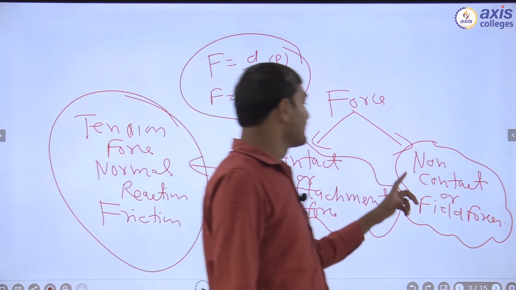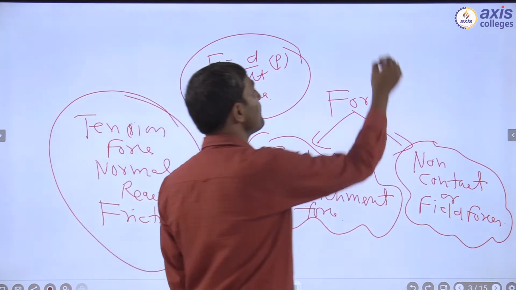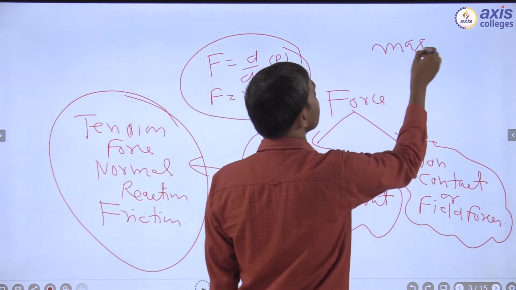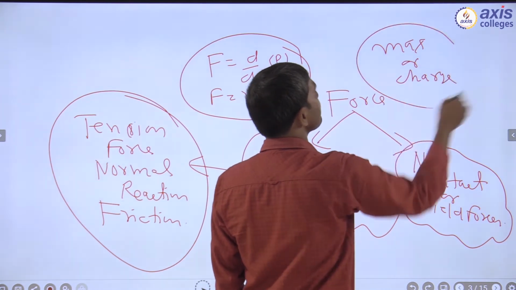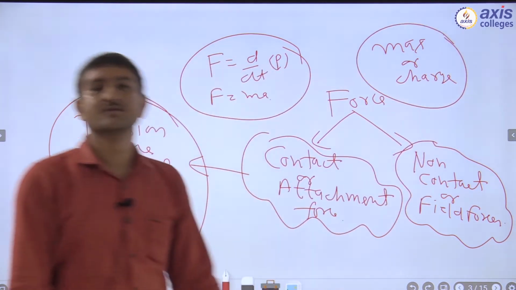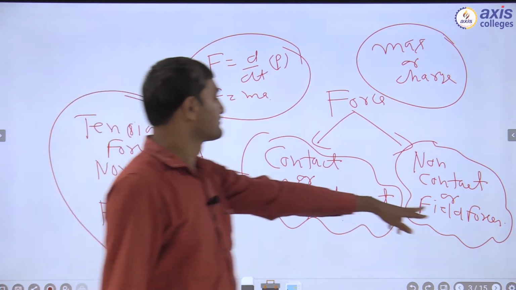But when we are dealing with the forces where mass or charge is associated, for example, gravitational force or electrostatic force, at that moment the force is a field force.